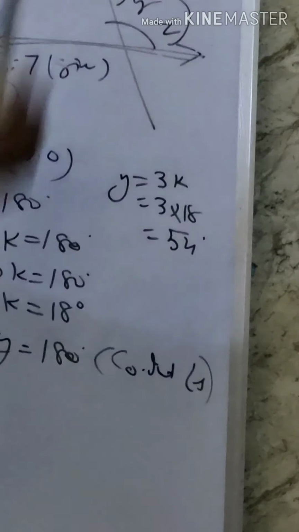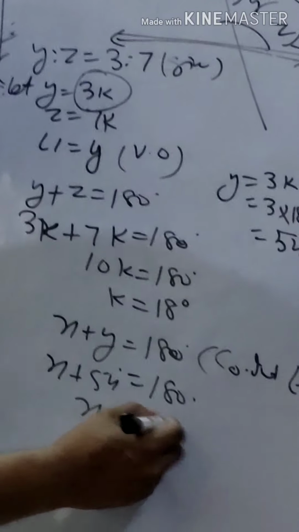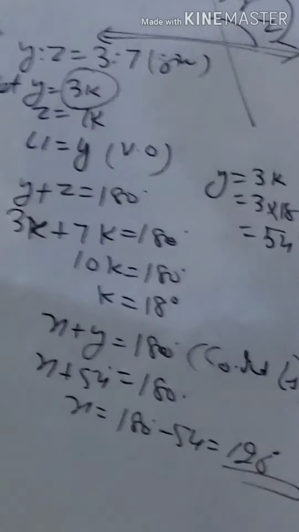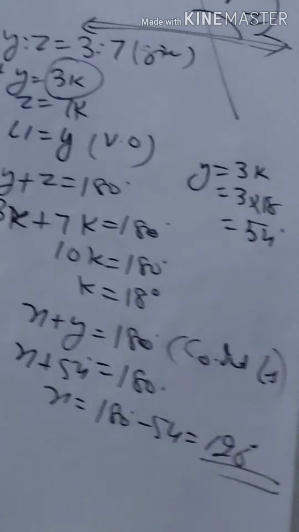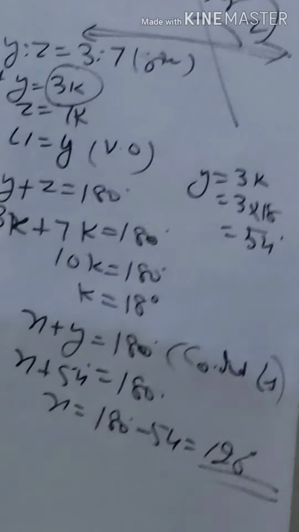So now x plus 54 is equal to 180 degrees, 180 minus 54, 126 degrees.